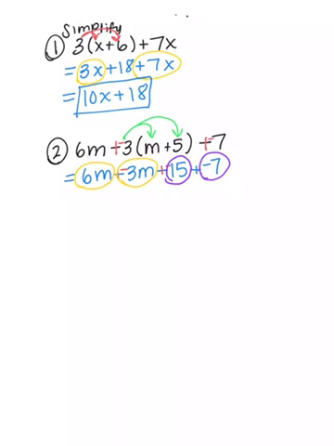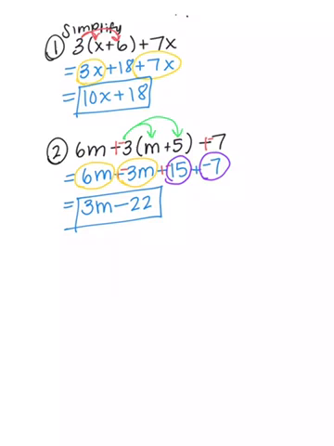So remember, when they have different signs, you subtract them. 6 minus 3 is 3, and take the sign of the bigger number. So 6 was bigger, it's positive. This is going to be positive 3m. And then I have a negative 15 plus a negative 7. So when they have the same signs, we add them and keep the sign. So 15 plus 7 would give you 22. And since they are both negative, that's going to be negative 22. So this would be your simplified expression.